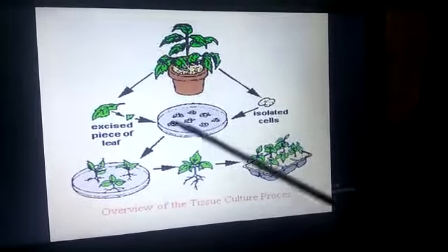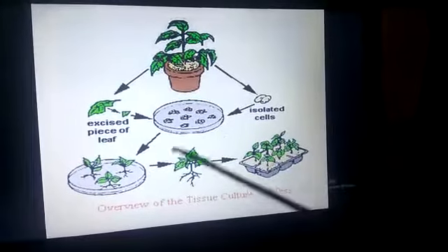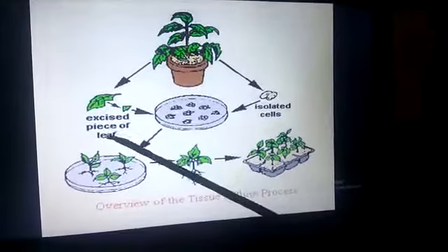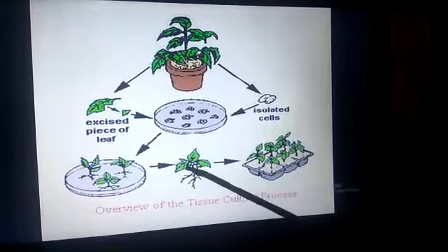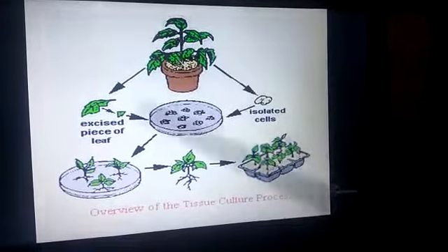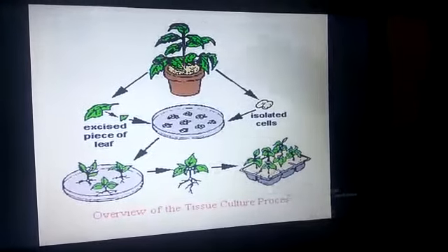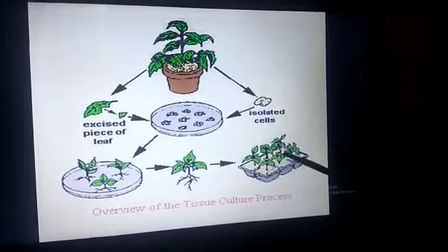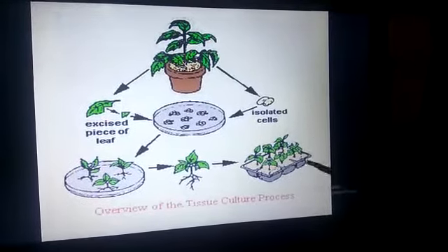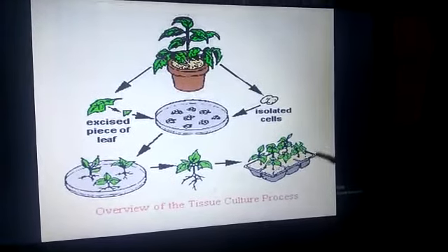And after a few weeks or a month, the cells or excised piece of leaf will grow into an individual complete plant. So these are done under the influence of man. That is why they come under artificial vegetative propagation.